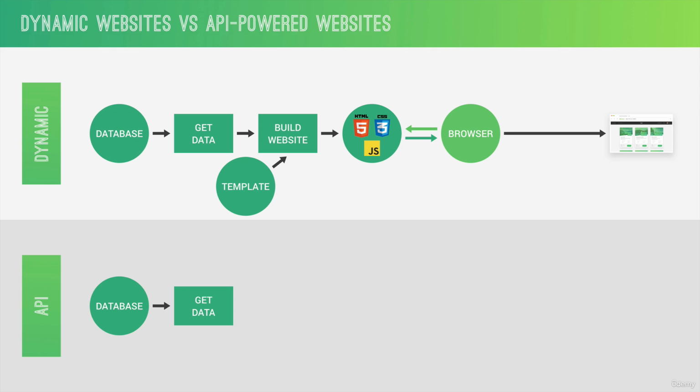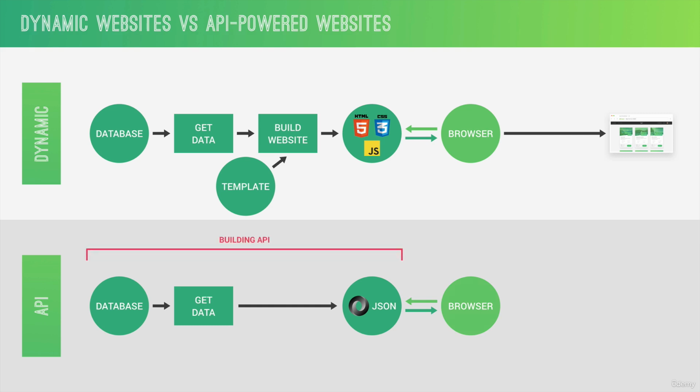Now, the big difference here is that with an API, we only send the data to the browser, usually in the JSON data format, and not the entire website. So again, just the data is sent to the client, and not the ready-to-be-displayed website. So no HTML, no CSS, only the JSON data, alright? So when building API-powered websites, there are always these two steps.